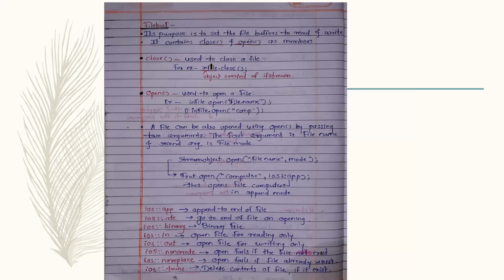Next is filebuf. Its purpose is to set the file buffers to read and write. It contains two functions, close and open. The close function is used to close a file.